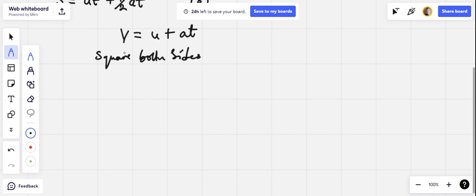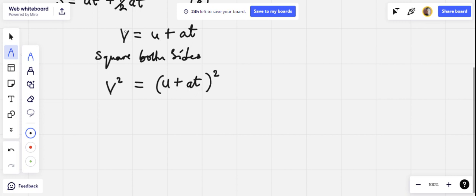When you say square both sides, you take the square of both sides. That will be V raised to power 2, that's V squared, equals (U plus AT) squared. Remember, you are not squaring individual terms. The concept of an equation is that for it to be balanced, whatever you do to the left-hand side, you also do to the right-hand side in exact measure.